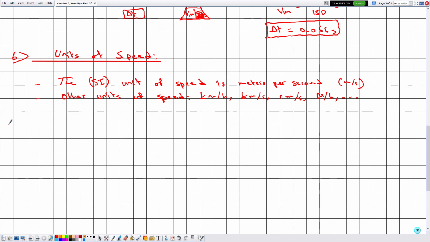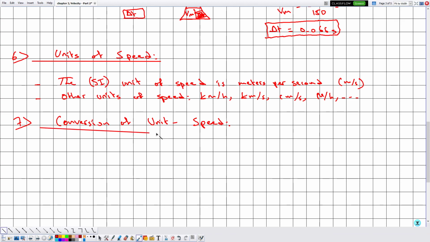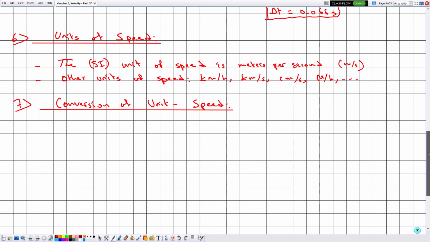Okay. Now, what about the conversions between these different units? Let me say section number 7, conversion of units regarding the speed. We are only interested in one conversion.